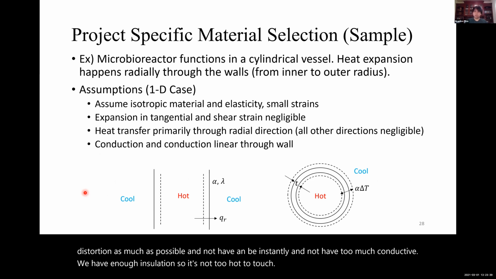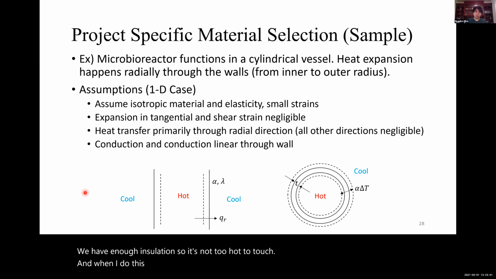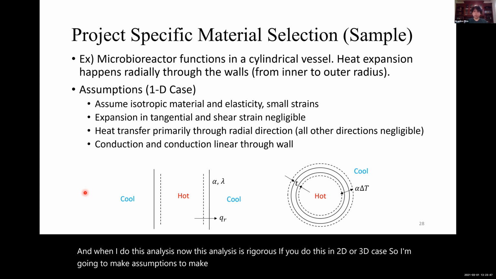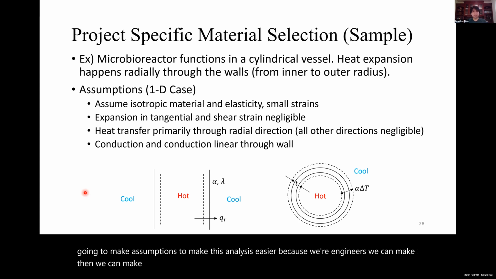This analysis is rigorous if you do it in a 2D or 3D case, so I'm going to make assumptions to make it easier, because we're engineers. We can make these problems a lot easier if we use appropriate assumptions.